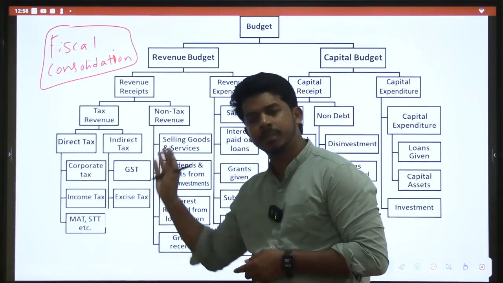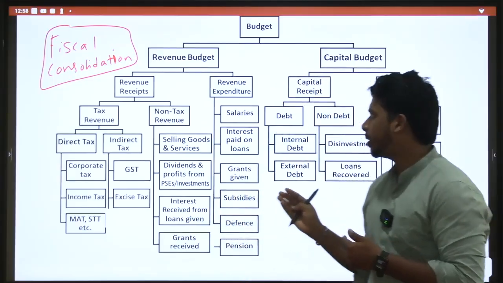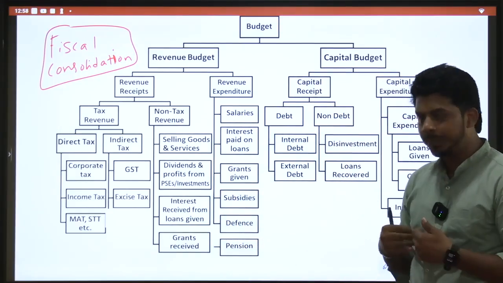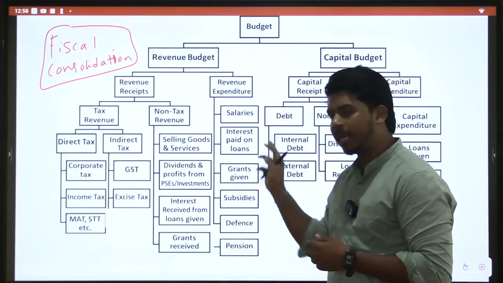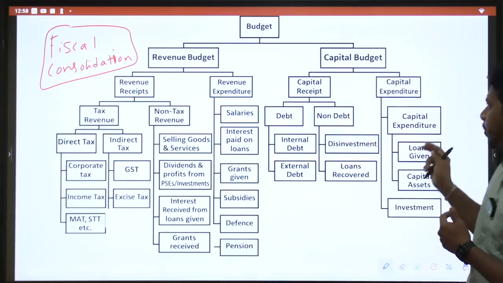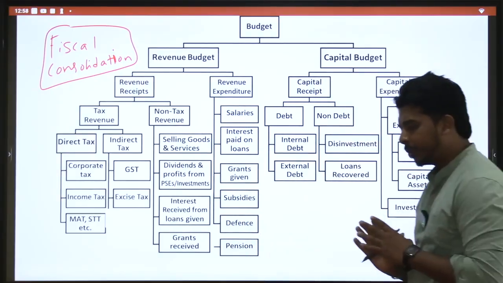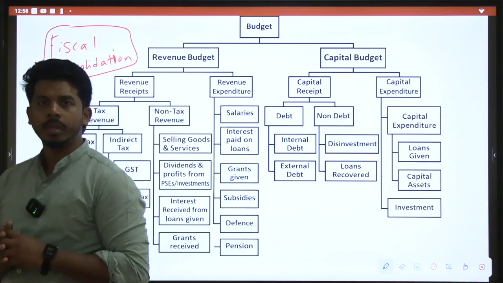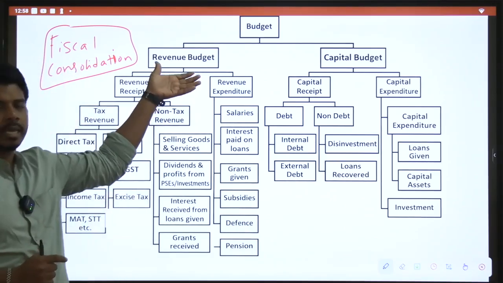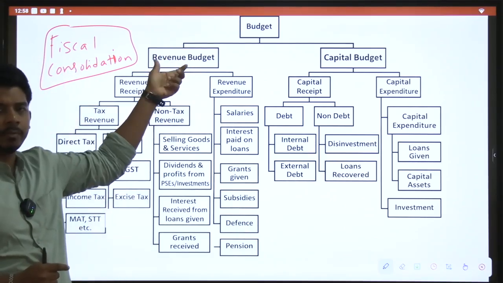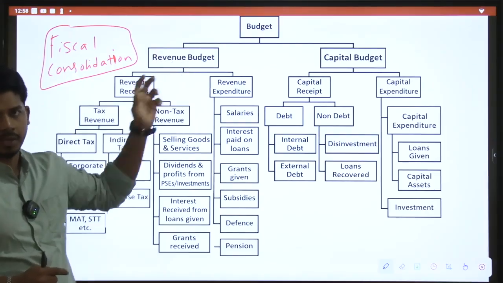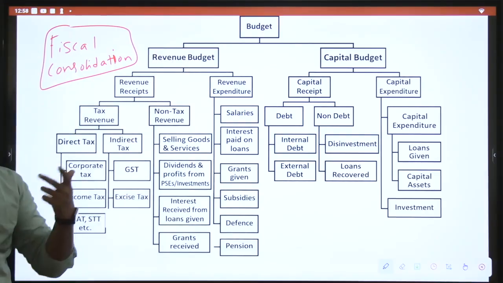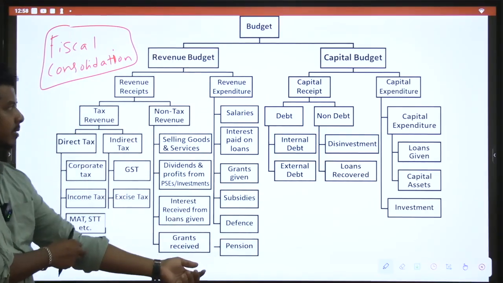These are receipts, something which I receive. This is expenditure, something I am spending. So let us see the components of the budget. Here, by revenue I mean regular, frequent, something that happens almost every month, regularly, at regular intervals.